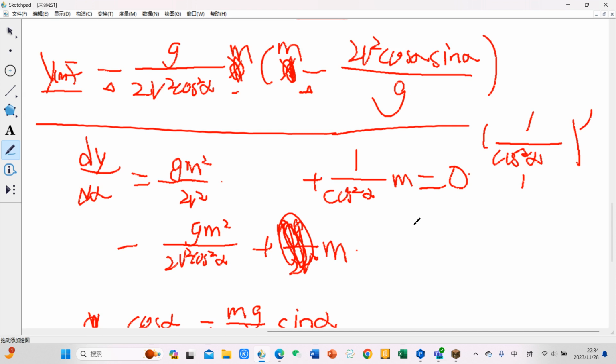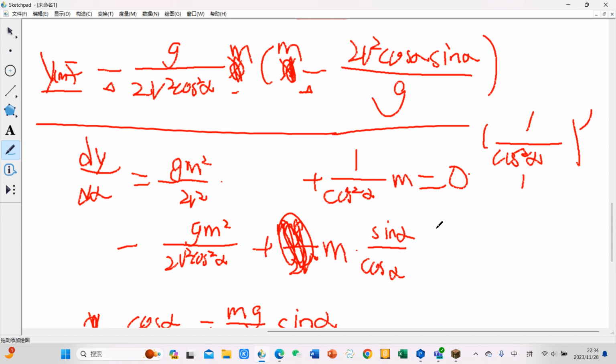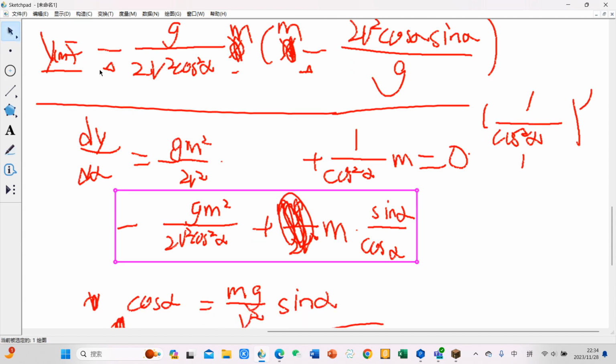Yes, I hope I'm right here. Let me see, it's cosine alpha and sine alpha here. Yeah, it is right. It should be right.